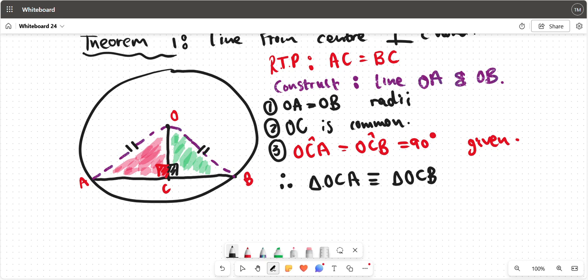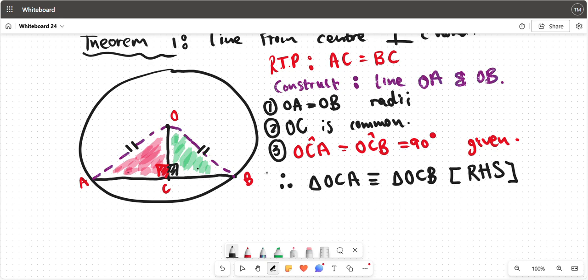Consistency is very important. So it has to start OCA, and the next one needs to follow the same thing, OCB. And I'm saying they're congruent. Why? Because this is right angle, hypotenuse, and one of the sides is the same. So RHS. And since those are congruent, remember what congruent means? It means this red triangle and this green triangle are exactly the same.